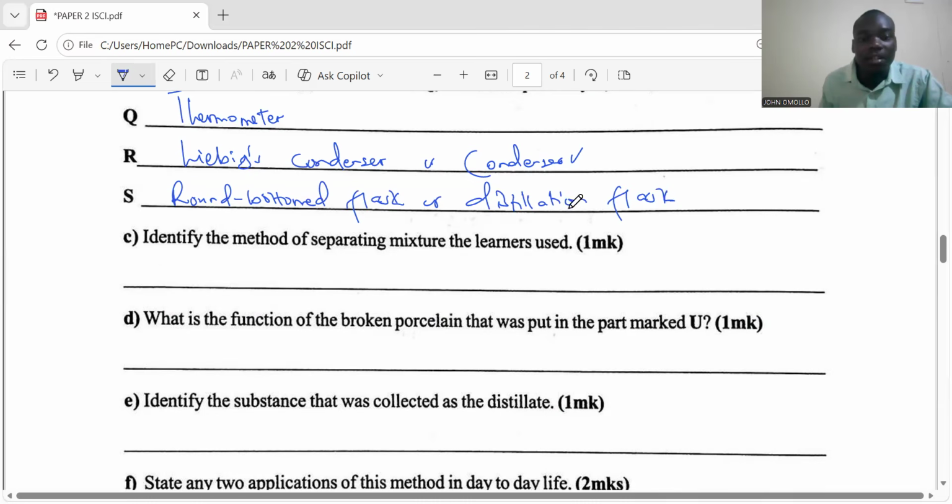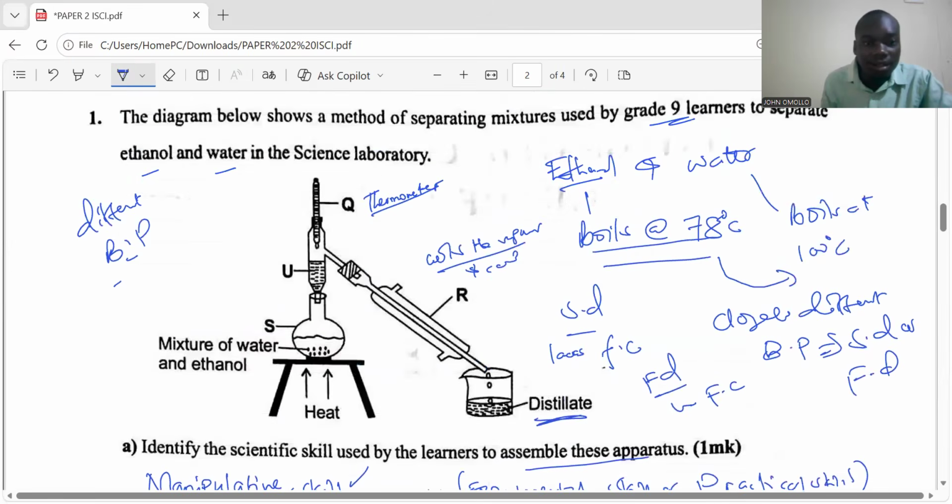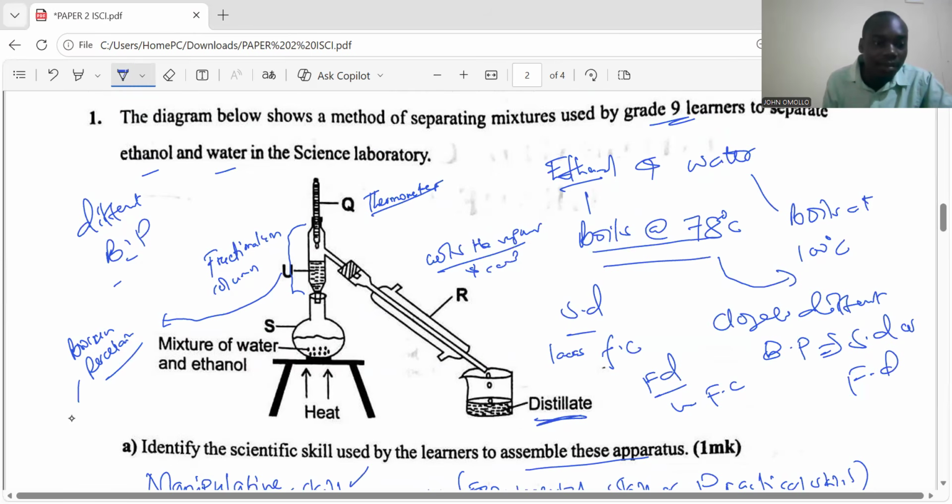Identify the method of separating mixtures the learners used. This part here, up to this point, is called the fractionating column. Are you getting that? And U is called broken porcelain. The role of broken porcelain is to prevent bumping.